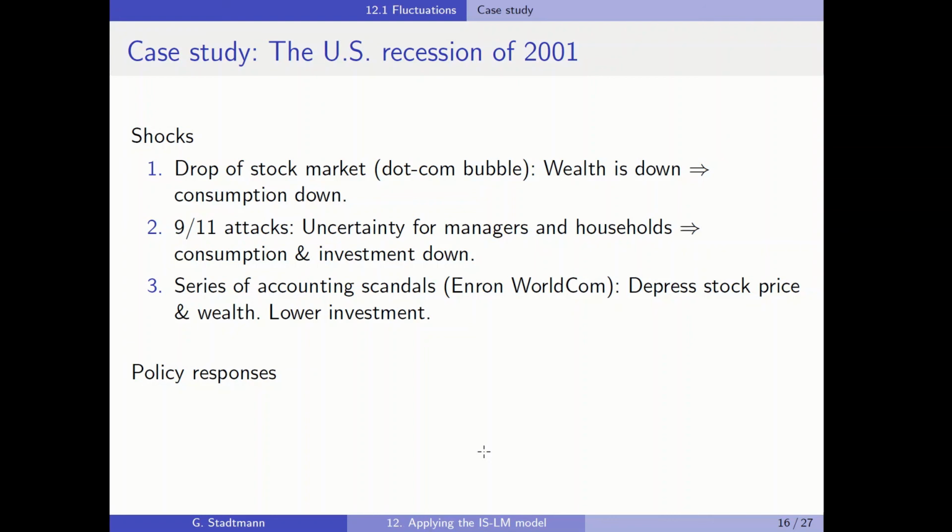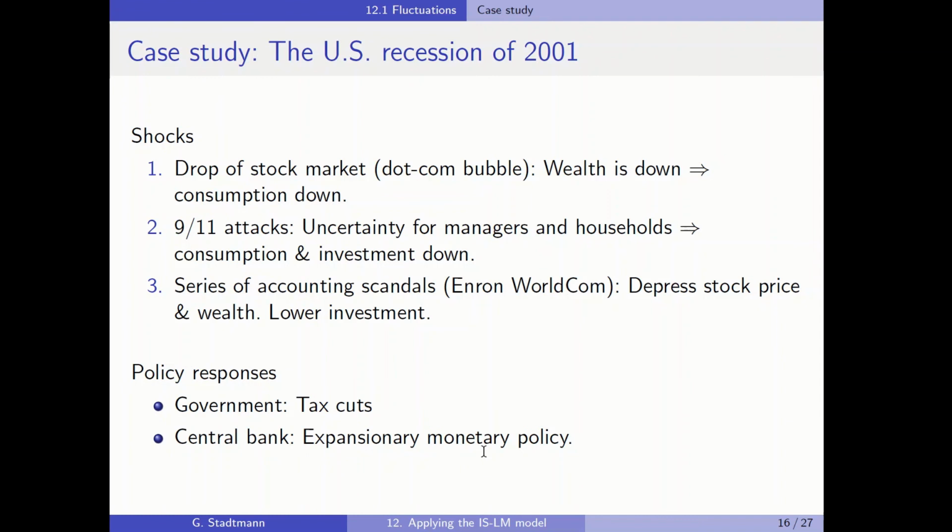What were the policy responses? As our textbook says, tax cuts. This is one idea. Cut the taxes, perform an expansionary fiscal policy. Tax cuts lead to an increase of disposable income and then will affect the demand for goods. Furthermore, the central bank also performed an expansionary monetary policy.